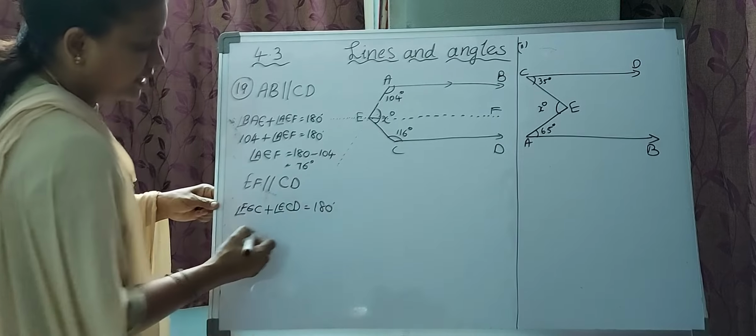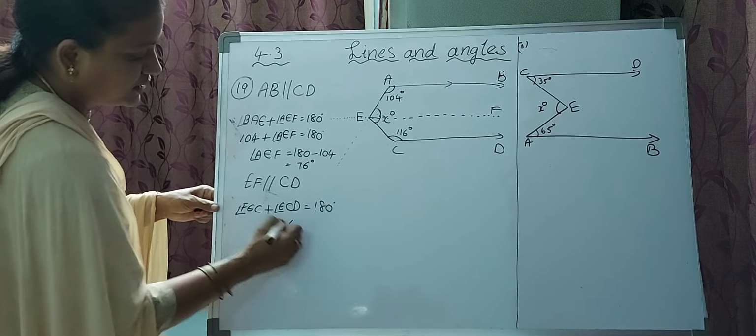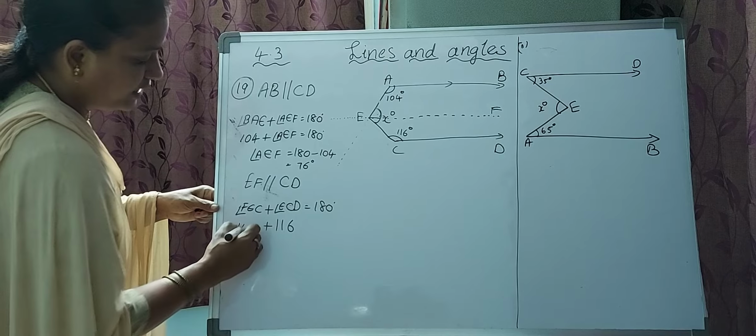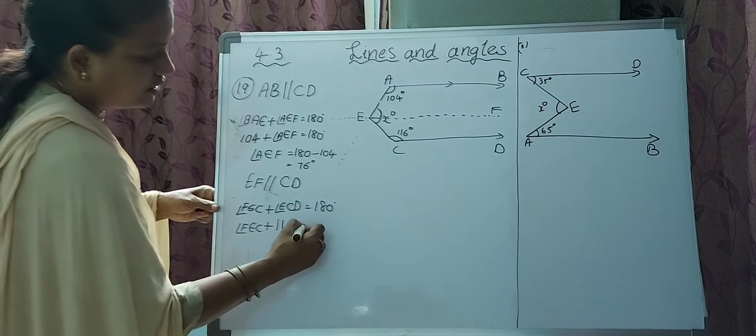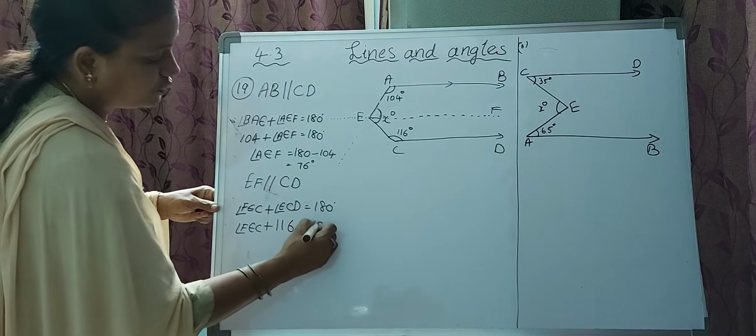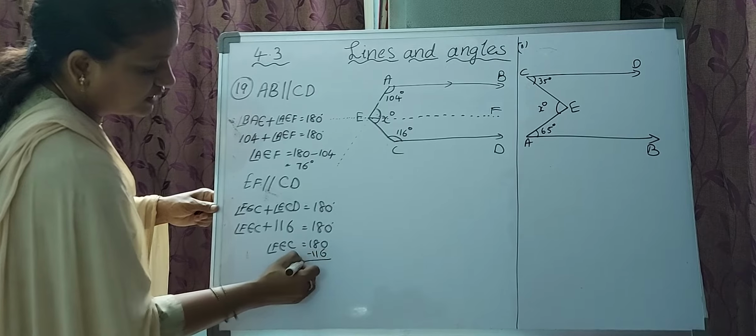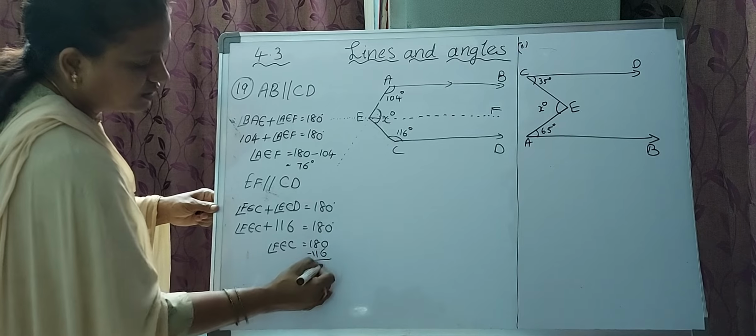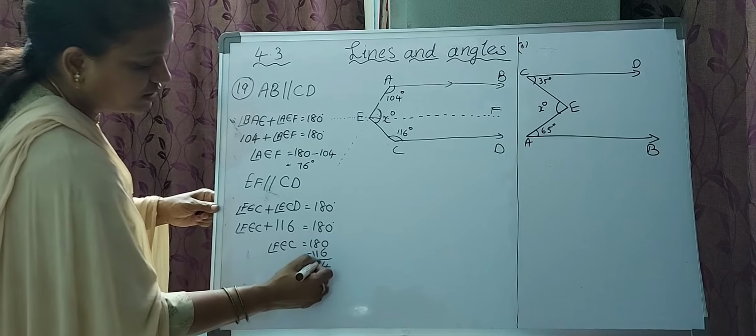So we knew this angle, this one we knew, 116. This one we don't know, angle FEC. So angle FEC is equal to 180 minus 116. 10 minus 6 is 4, 7 minus 1 is 6. 64 degrees.